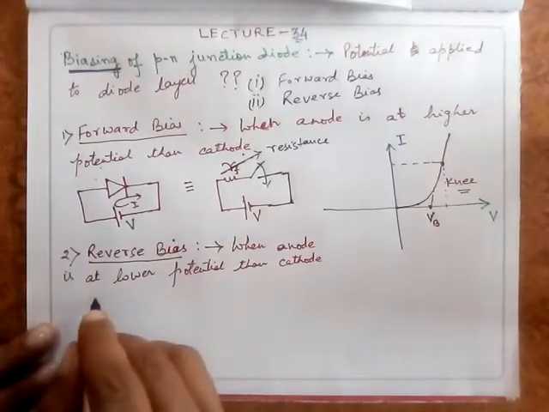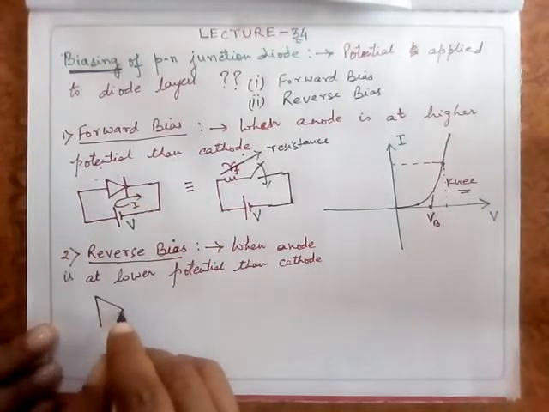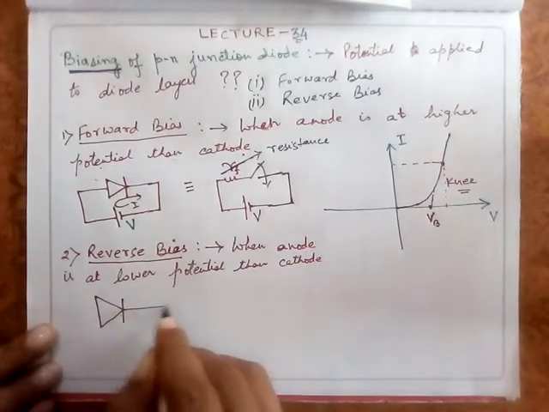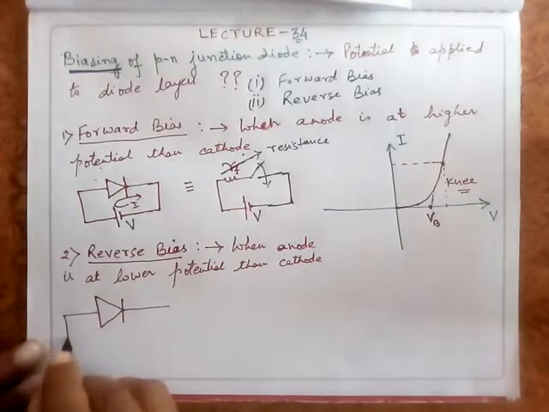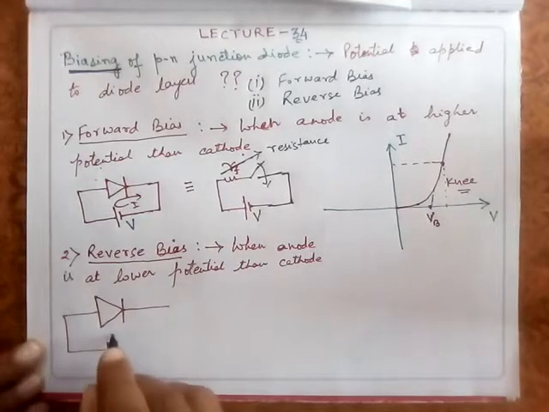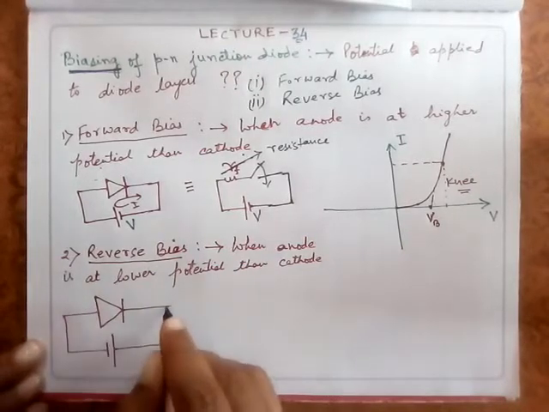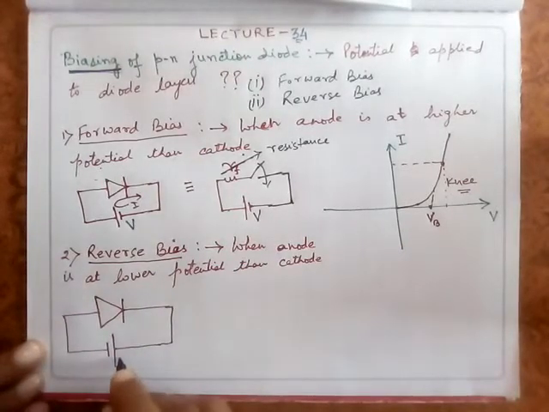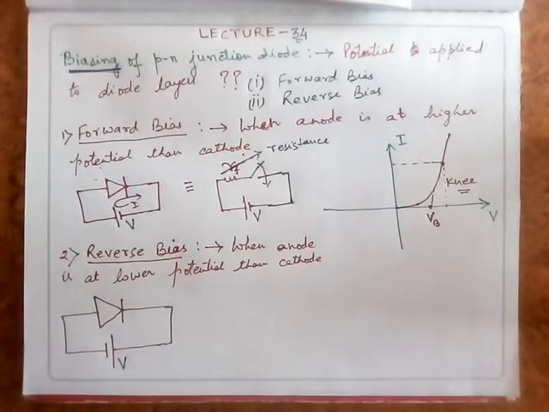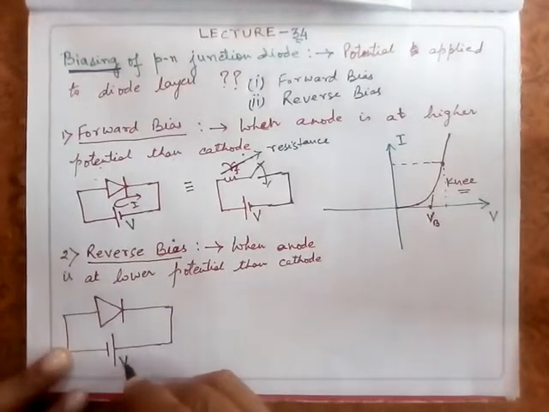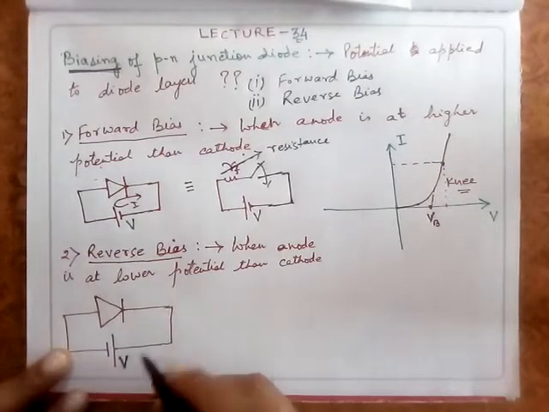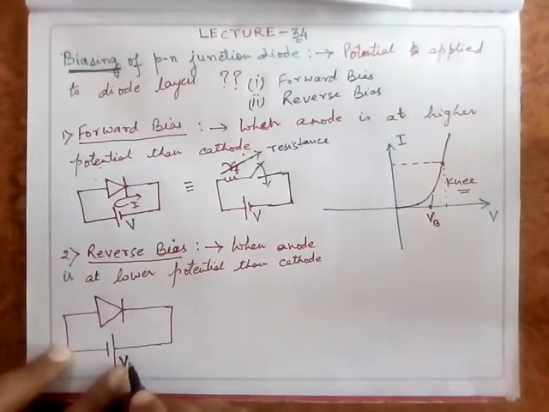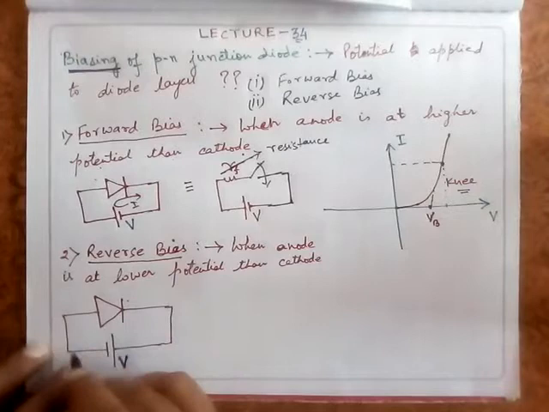Now what will happen? Now this anode is at lower potential, means I put it at 0 potential and this at some potential V. That is, if I apply a battery of V volt here, say suppose this is 10 volt, so this point is at 10 volt and this point is at 0.